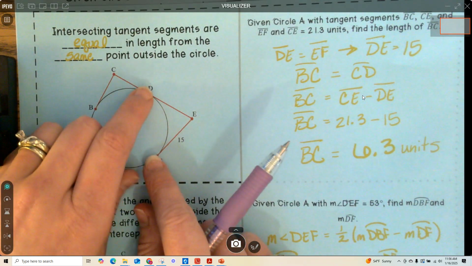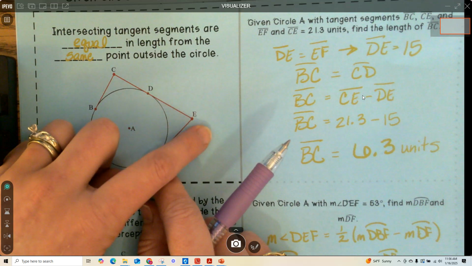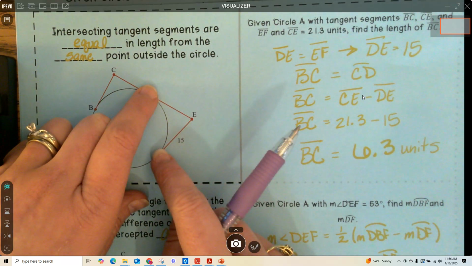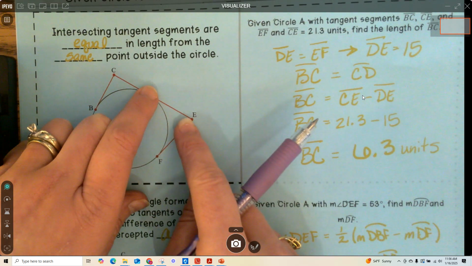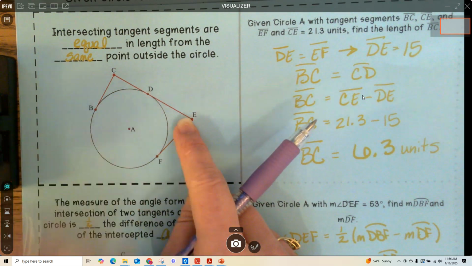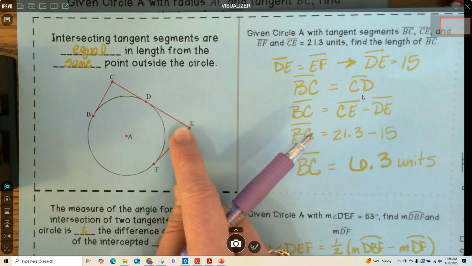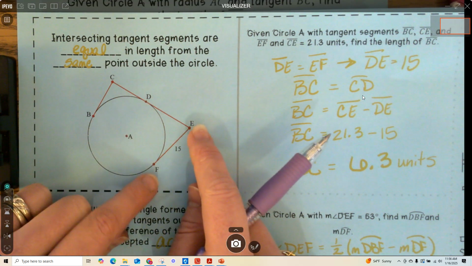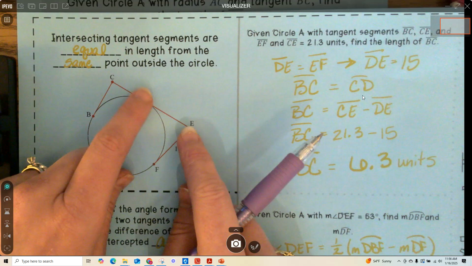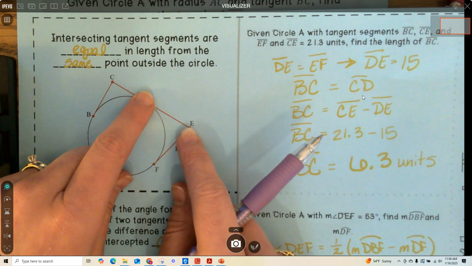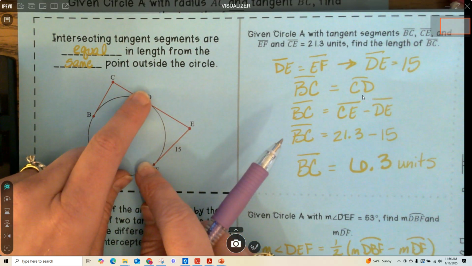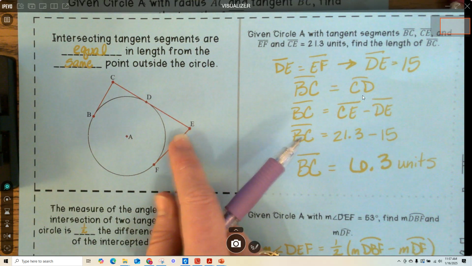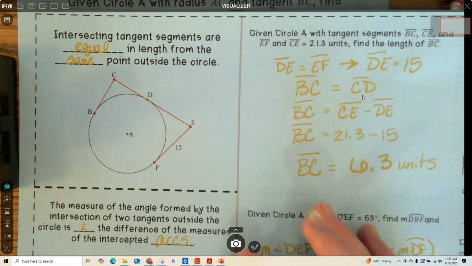These two tangent lines here, from here to here, this distance is 15. So DE would be 15, right? If from E to F is 15, from D to E is 15. So from the point where they hit the circle to where they intersect is going to be the same distance. And then you can use that, again, to find other measurements.